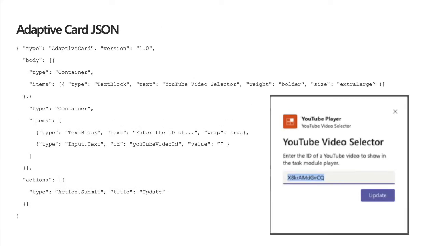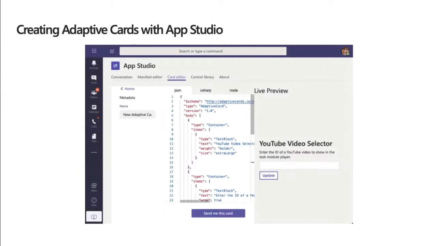So this is what an adaptive card JSON looks like and what the actual rendering of that card would show up as using that image that you see there in the bottom right corner. Here's what it would look like if you were doing that exact same step using the adaptive cards design studio inside of App Studio.